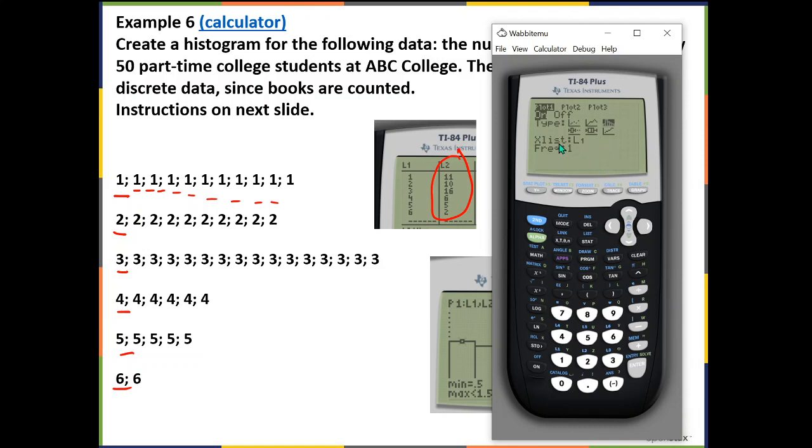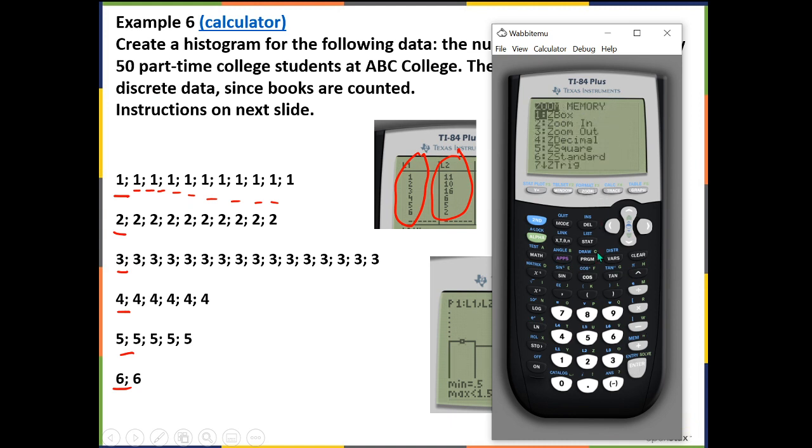And make sure X list is in L1. That means these numbers are in L1. And our frequency is not one of each, but is in L2. So we have to change that to L2. And make sure Y equals doesn't have anything, so it's empty, because otherwise it graphs it at the same time.